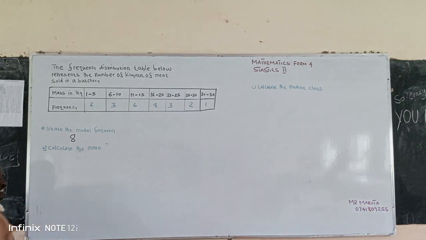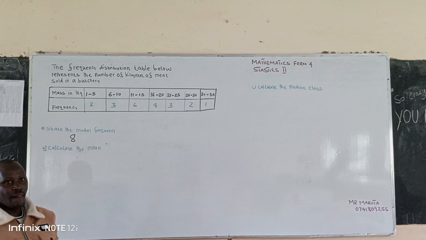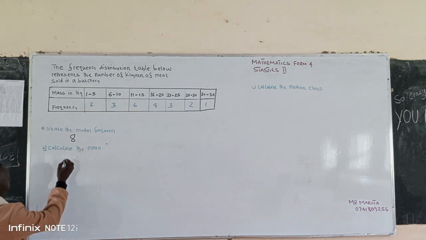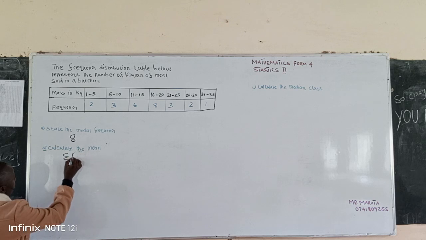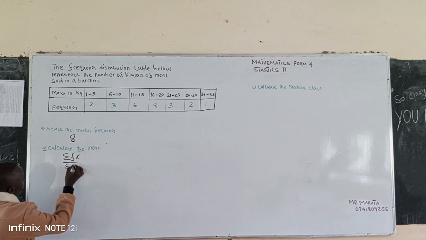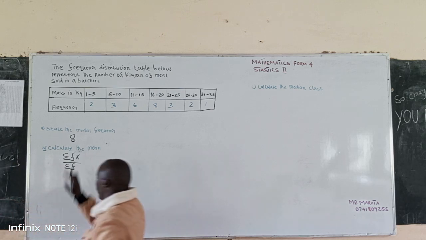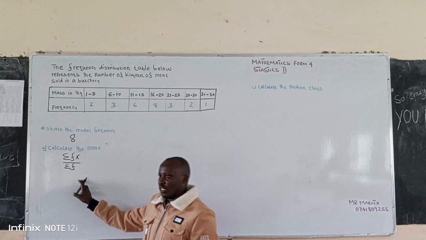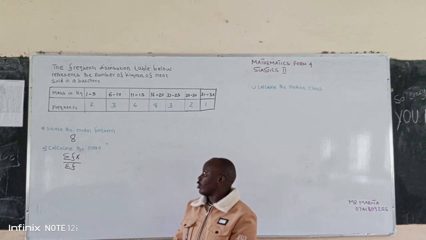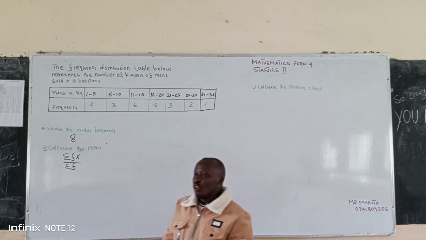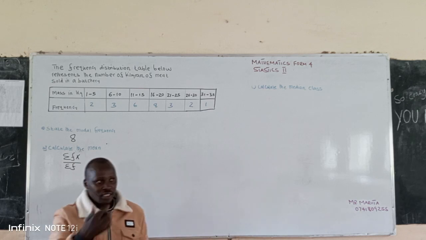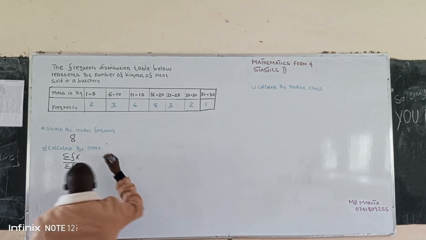Then calculate the mean. The mean is normally given by the summation of fx, divided by the summation of f. That is the total fx divided by the total frequency. So you need to modify our table such that we have our x.